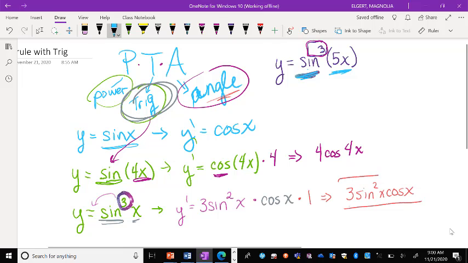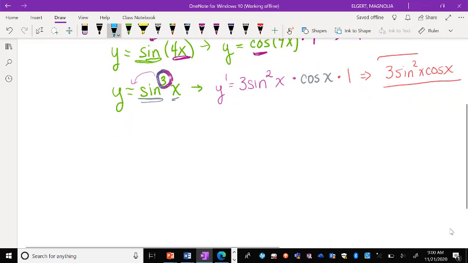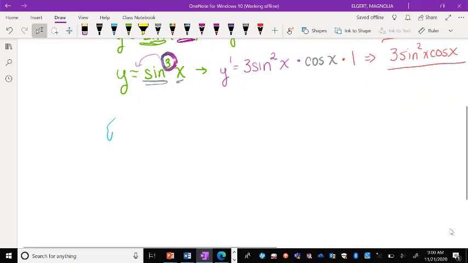All right. Let's just try this one. I'm going to go down here and just rewrite this one I did. Y equals sine cubed of 5x. All right, so when we look at this, the derivative, we start with the power.